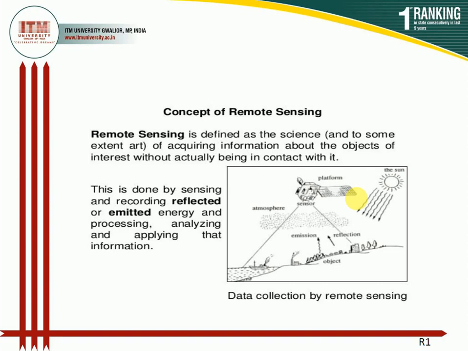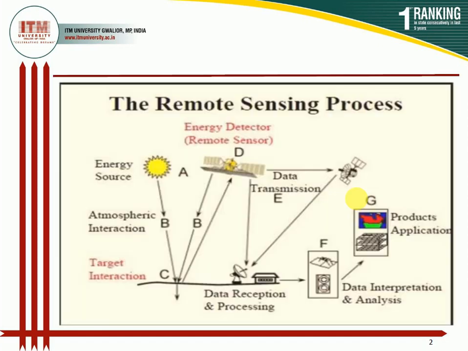That reflected back radiation is captured by the satellite which is present in space, and that reflected back radiation is then sent back to the remote station which is present on the earth surface for detailed information about a particular object.